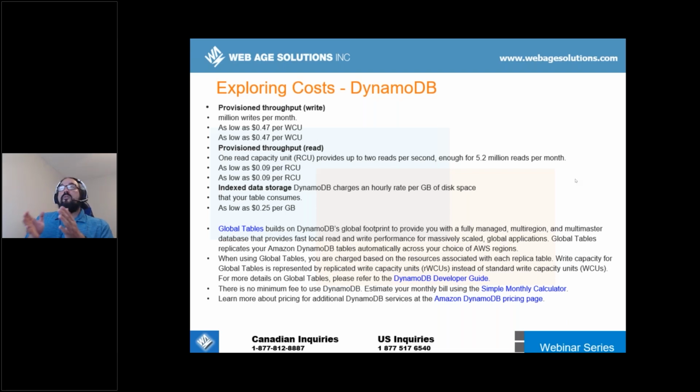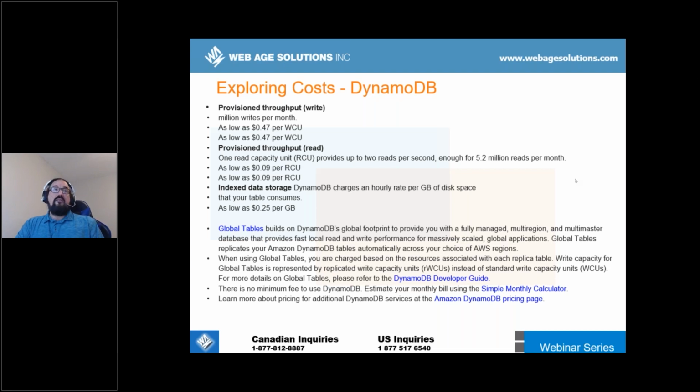If you add local and global indexes, there are considerations there, both against the amount of storage capacity as well as the read and write units, depending on what you're using. So just be aware that there's certain dimensions around the storage size of the table and the number of read and write capacity units for the table.